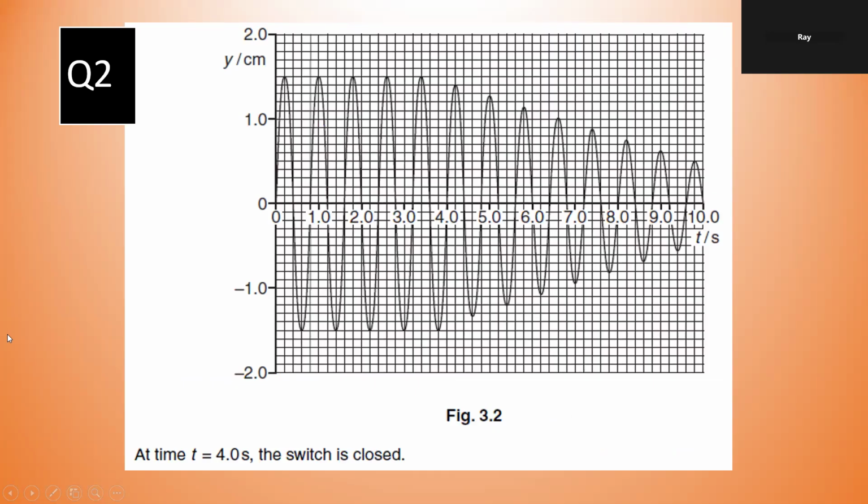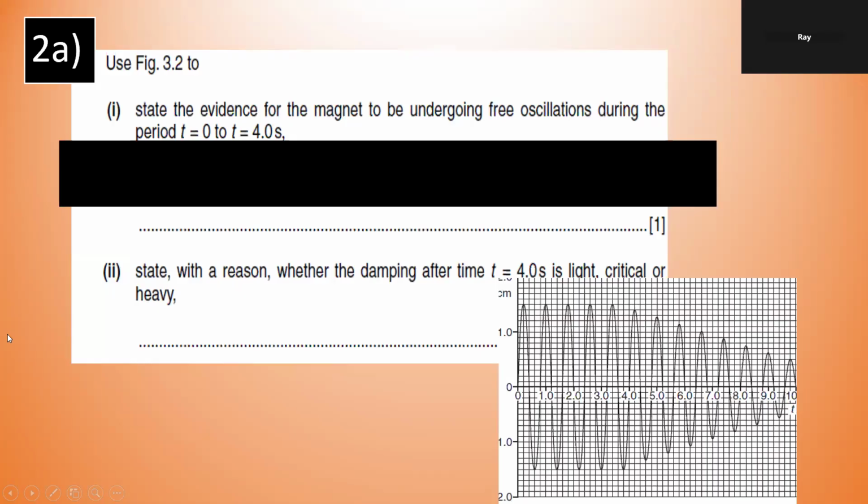When your switch is closed, state the evidence for the magnet to be undergoing free oscillation during the time t equals 0 to t equals 4 seconds. Up to here, 4 seconds. What's the evidence for free oscillation? Free oscillation means there's no air resistance.